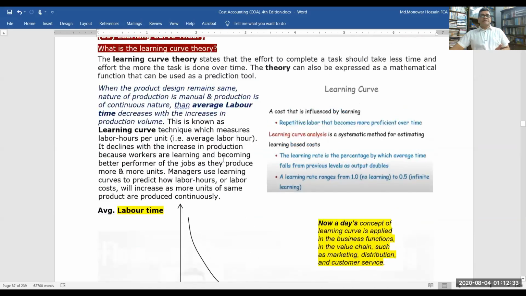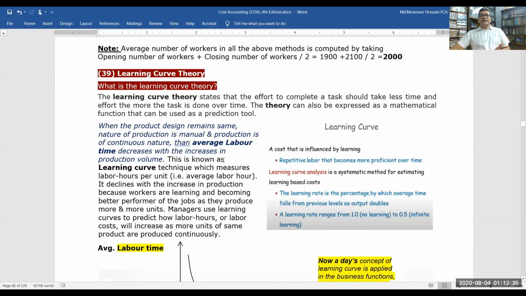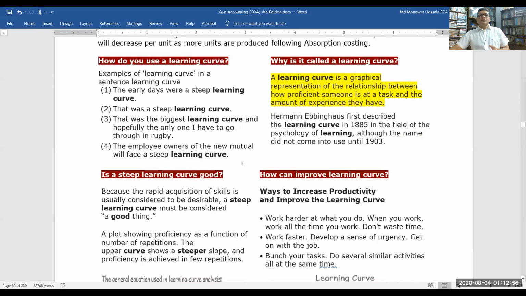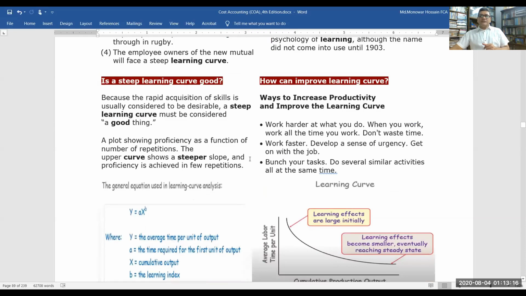And also we have seen the learning curve theory, and how we use the learning curve, and why it is called the learning curve, because a learning curve is a graphical representation of the relationship between how proficient someone is at a task and the amount of experience they have, and how we can improve the learning curve.